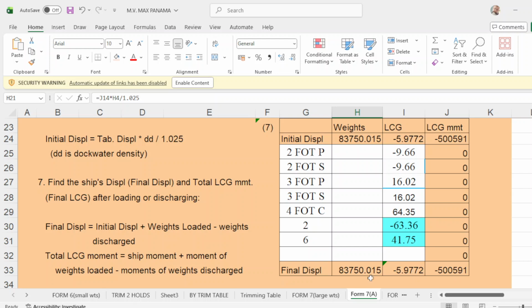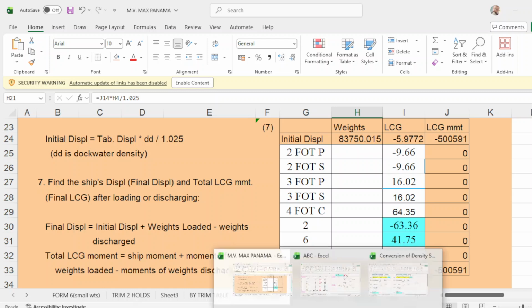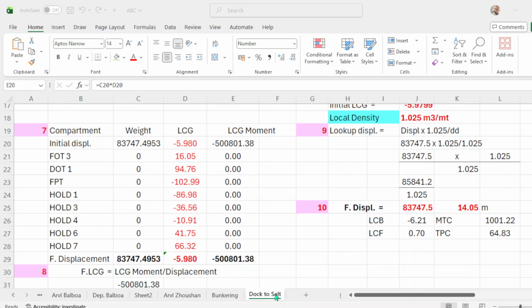I run off this one, which is 598. I got here 598.